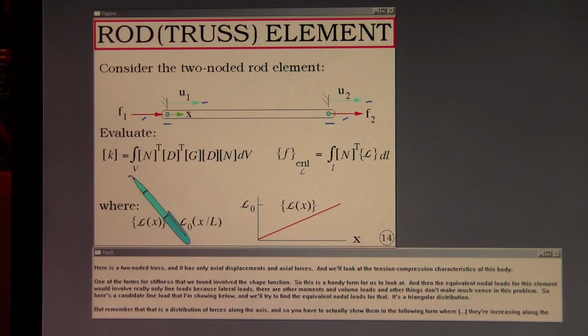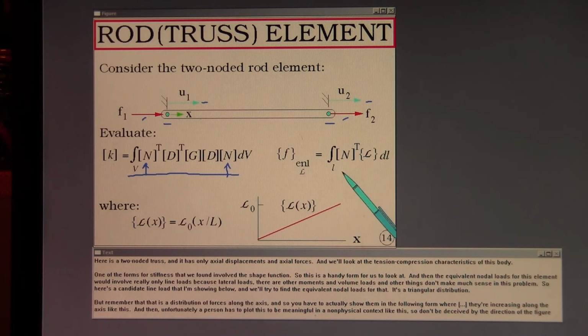One of the forms for stiffness that we found involved the shape function. So this is a handy form for us to look at. And then the equivalent nodal loads for this element would involve really only line loads, because lateral loads, moments, volume loads and other things don't make much sense in this problem.